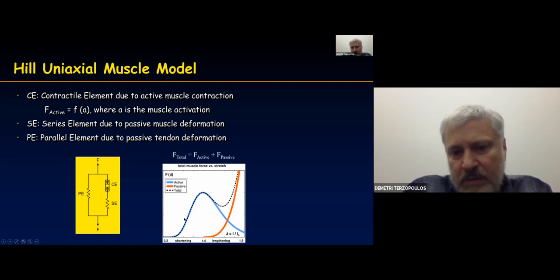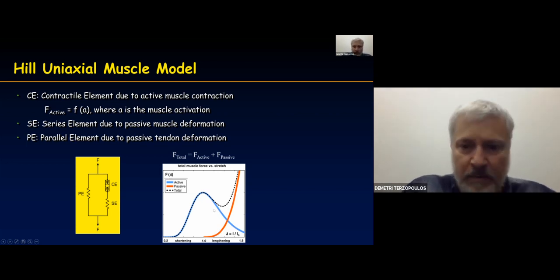The response is a combination of the active part over here, the blue, and the passive part, which is like an exponential spring over here. The total is this dotted line, which is what the force of the muscle as a function of lambda looks like in the Hill model.